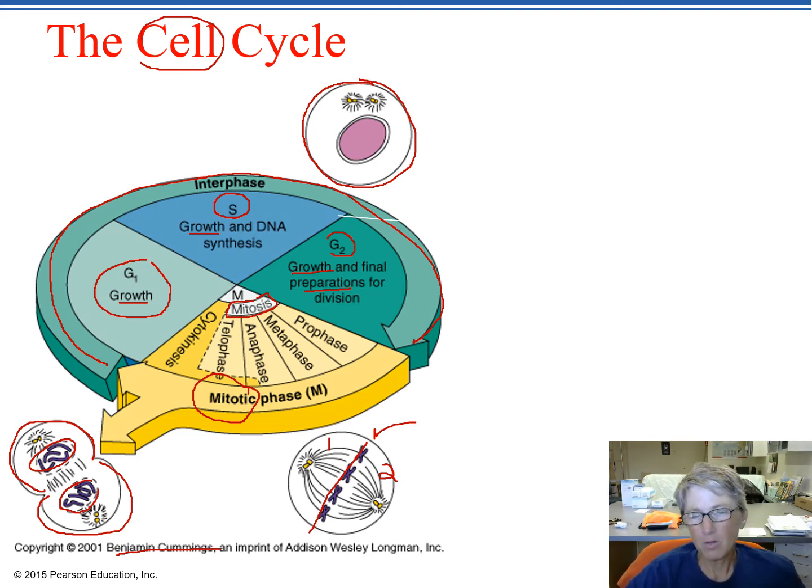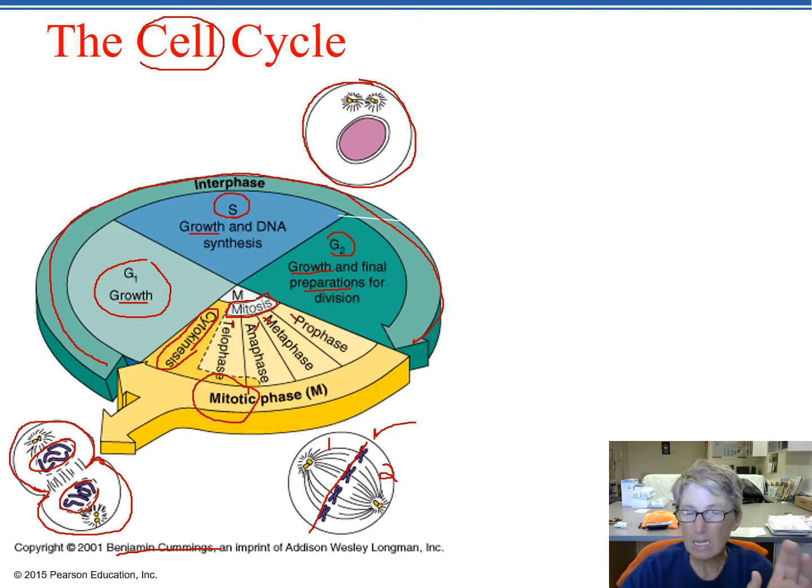So mitosis is divided into these phases: prophase, metaphase, anaphase, and telophase. And then this could be a tricky test question. This piece here, cytokinesis. So kinesis is movement, cyto is cell. Cytokinesis is when the cells actually split or they move into two separate daughter cells.